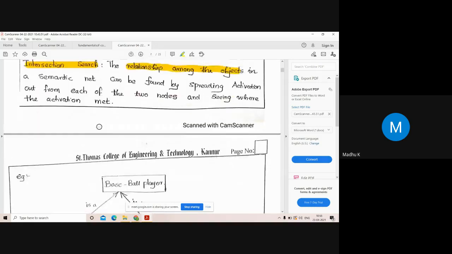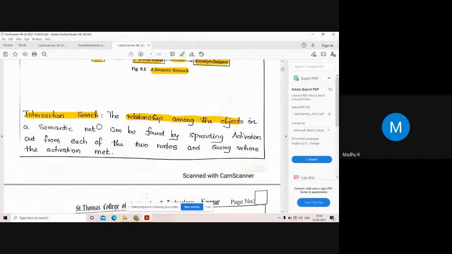For example, there are two objects and I want to find the relationship between them. Then you can use intersection search.